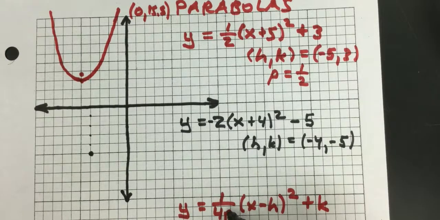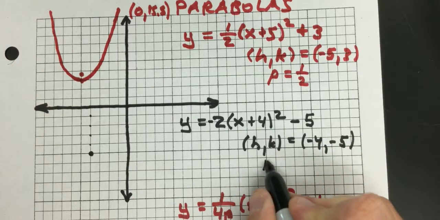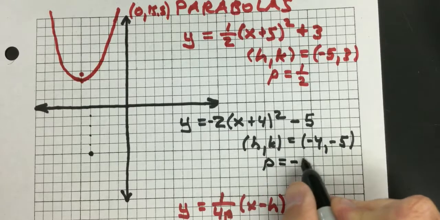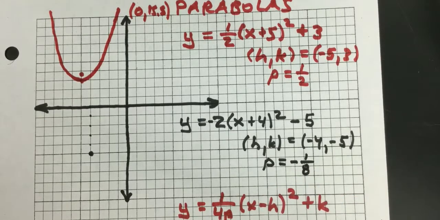So we basically have to divide the -1/2 by 4. Okay, so it looks like the p is going to be -1/8. So our p value here is going to be -1/8. And you can check that: 4 times -1/8, you'd get a -1/2 downstairs, which would give you a -2, so that's correct.